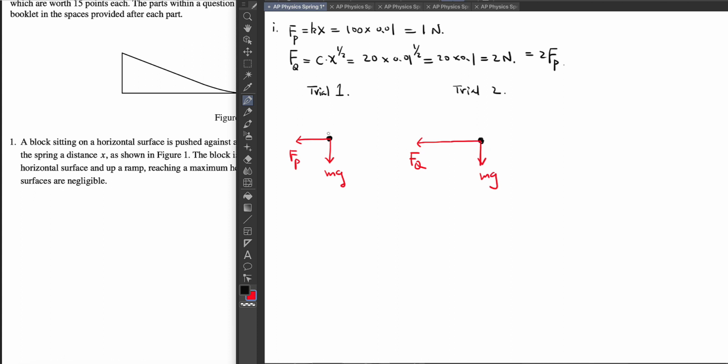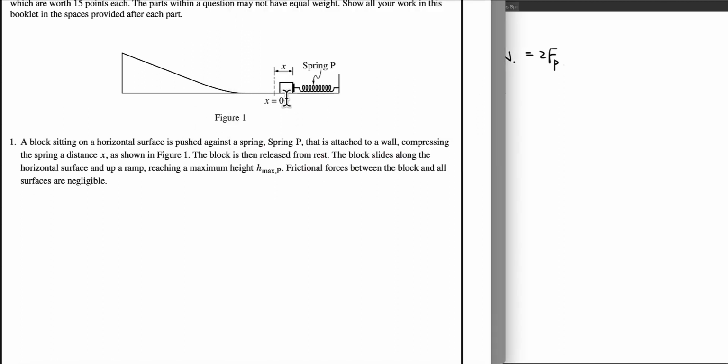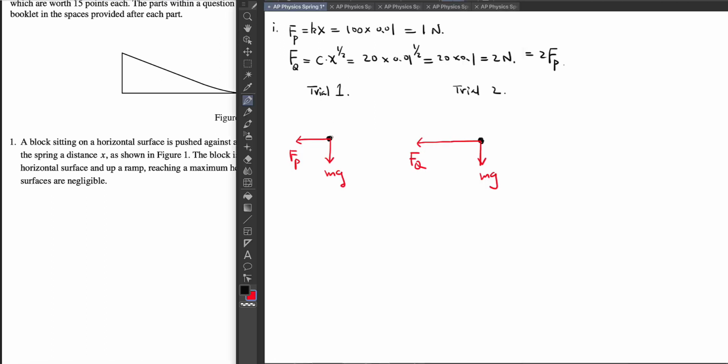Now in the vertical direction, there's also the normal force, right? The surface here is supporting the block, so the normal force should be upward, balancing the gravity. So I should draw a normal force which has the same length as mg. So these two arrows have the same length.